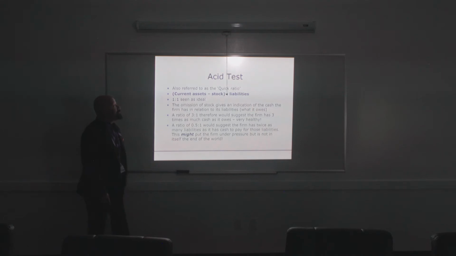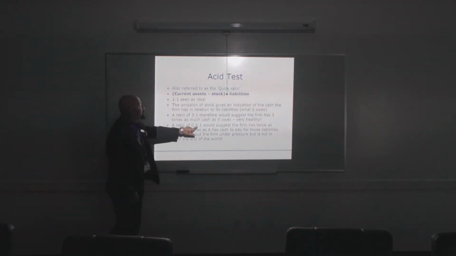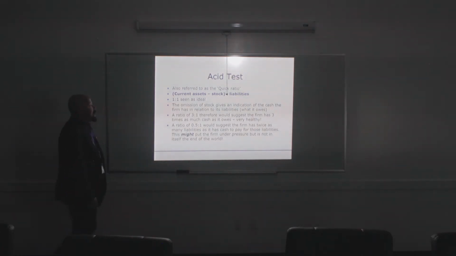A ratio of 3-to-1, therefore, would suggest the firm has 3 times as much cash as it owes, and that would make them very happy. Most banks and most investors like this asset test at about 2-to-1, because they know if anything happens, there's a good chance they're going to get their money back. A ratio of 0.5-to-1 would suggest the firm has twice as many liabilities as it has cash to pay for those liabilities.